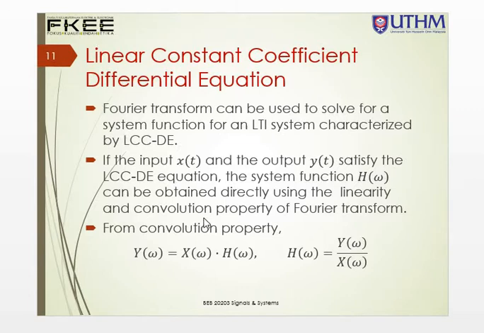If the input and output fulfill the LCCDE equation, we can obtain the system function H(omega) by using the linearity and convolution properties of the Fourier transform. So this is the convolution property: Y(omega) is X(omega) multiplied by H(omega), and if you want to find H(omega), it is Y over X.